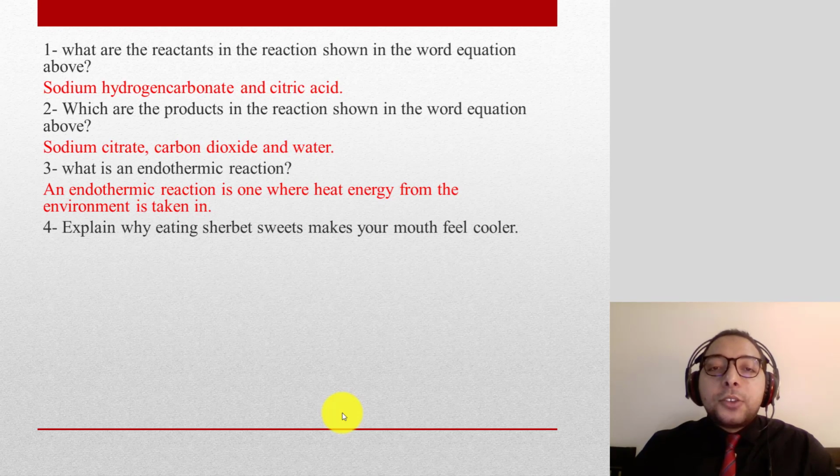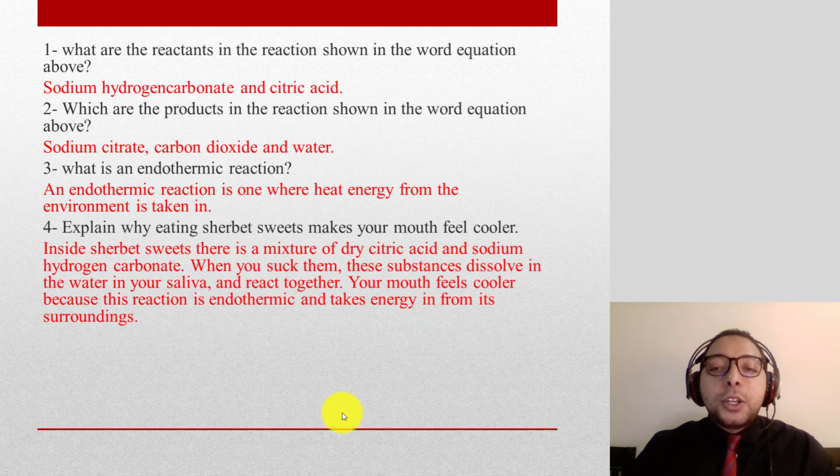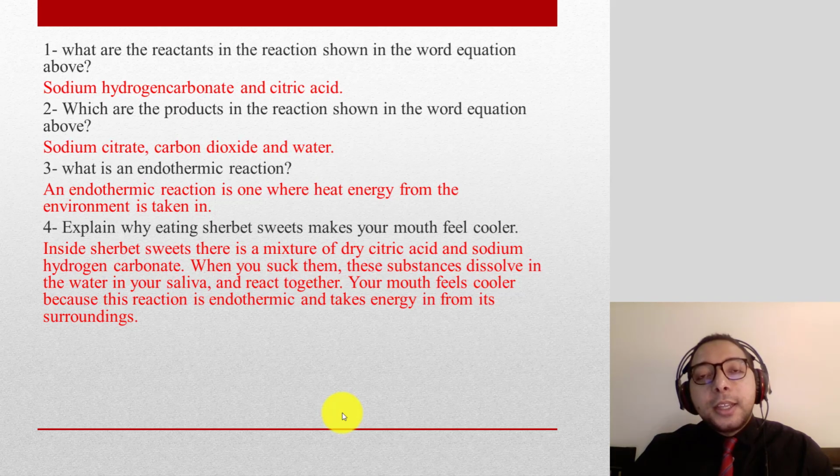It's a certain kind of endothermic reaction where the sodium hydrogen carbonate and citric acid react together, and they take the energy from your mouth, as it's the environment surrounding the sherbet sweets. So you're going to feel cooler because this reaction has taken the heat energy from your mouth. That's why you feel cooler.